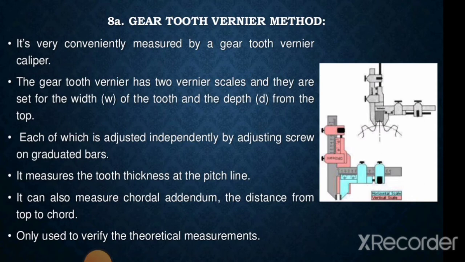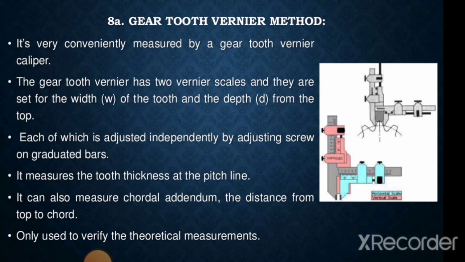This gear tooth vernier caliper consists of two perpendicular vernier arms. One arm is used to measure the thickness of the gear, and the other vernier arm is used to measure the depth. The caliper is so set that if it slides on the top of the tooth under test, the lower ends of the caliper jaws touch the sides of the tooth at the pitch line.